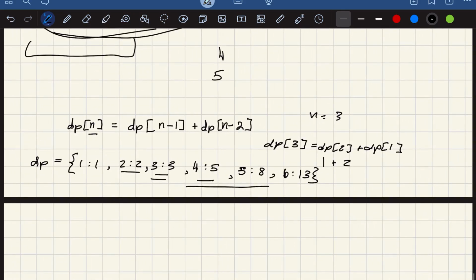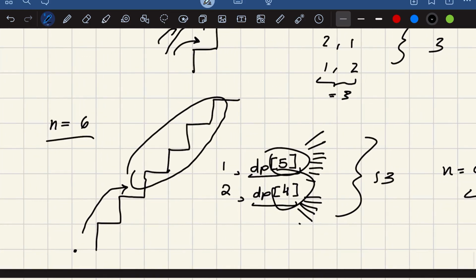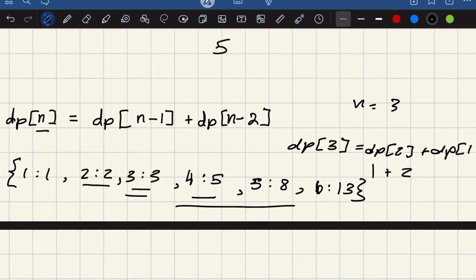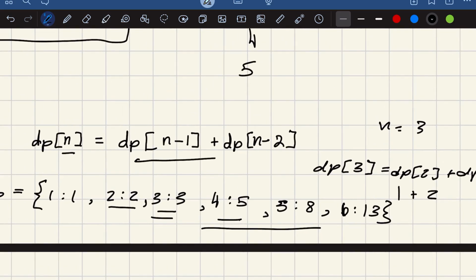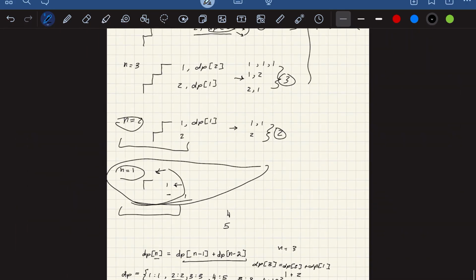And just from that, we were able to take a problem that seemed very complicated with lots of different paths, and we were able to break it up into a very simple dynamic programming solution. And that's just because we rely on the fact that we can easily find the answers to the very simple solutions.